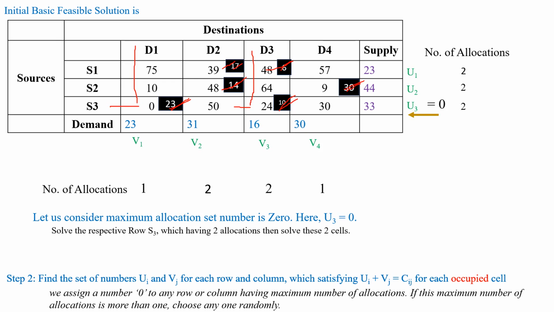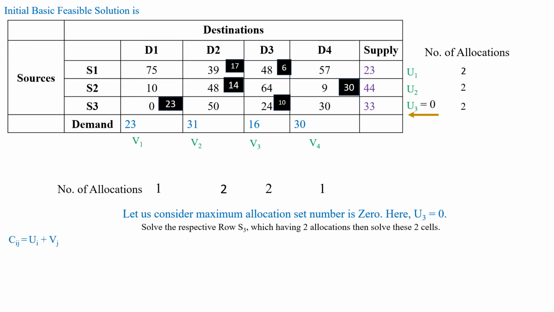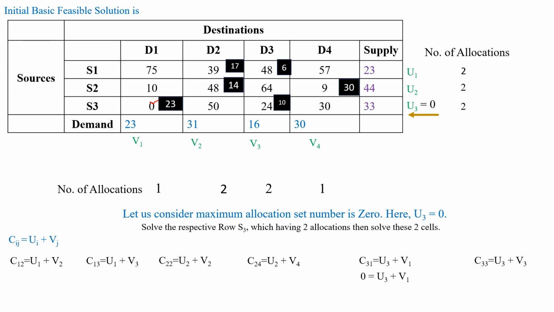We will get the other set numbers. First we solve the S3 row and D1 column cell. Its cost value is 0, so C31 equal to 0, and we know the relation C31 equal to U3 plus V1. We know the C31 value and also the U3 value. Then substitute, and we will get V1 equal to 0.